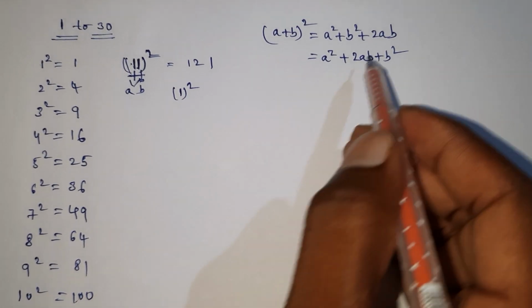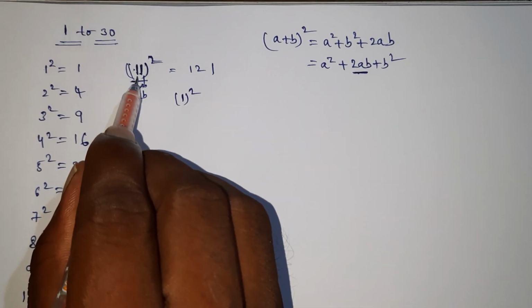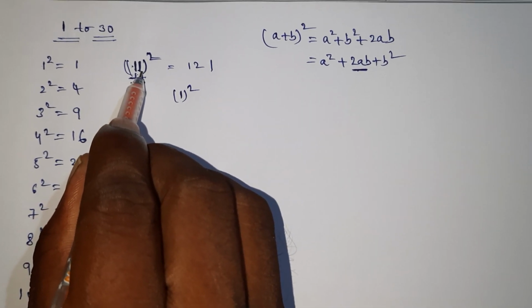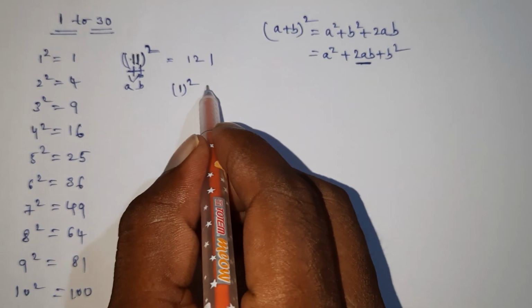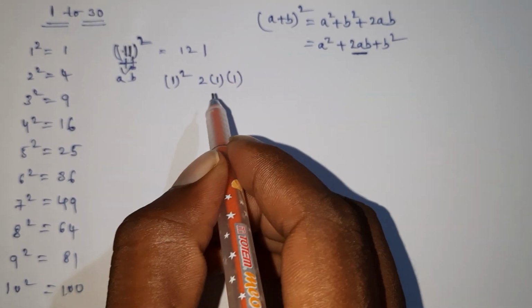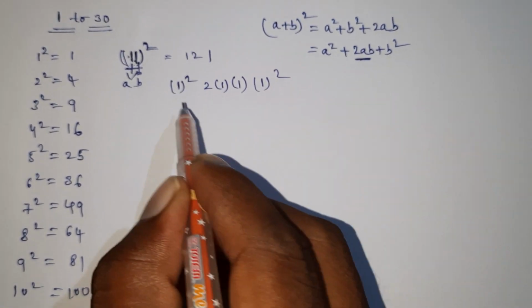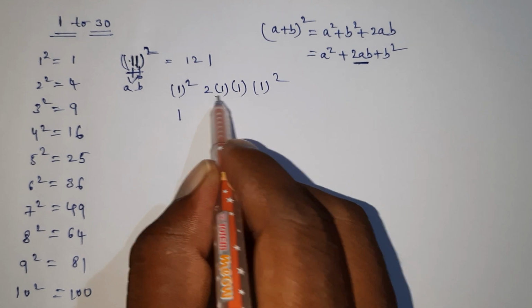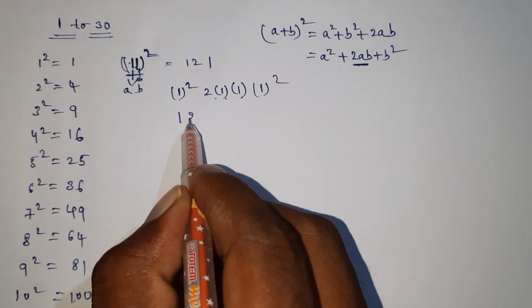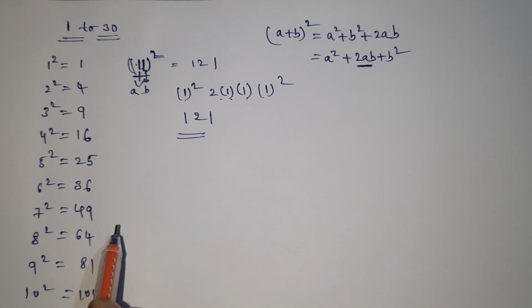Next 2ab means 2 into a into b, so 2 into 1 into 1, 2. And next b square means 1 square. So 1 square 1, 2 into 1 into 1 is 2, and 1 square 1: 121. You can write it easily like this.